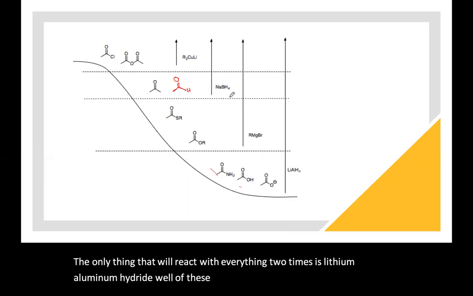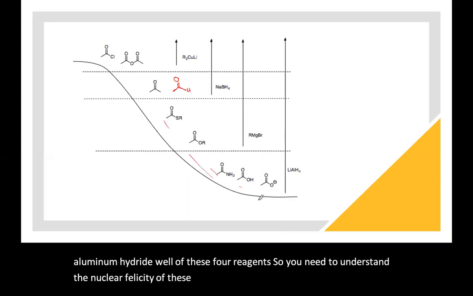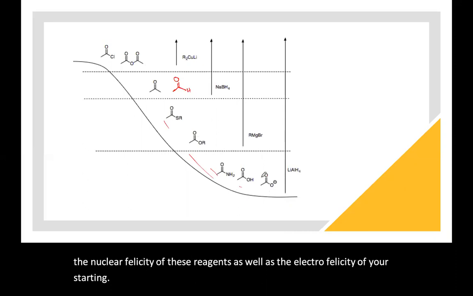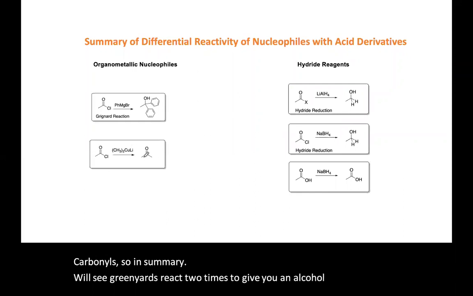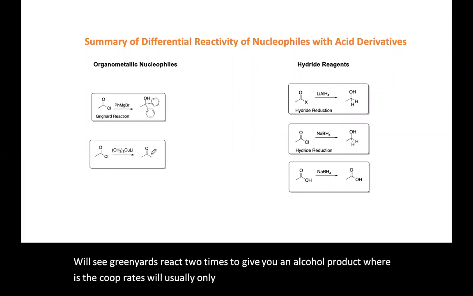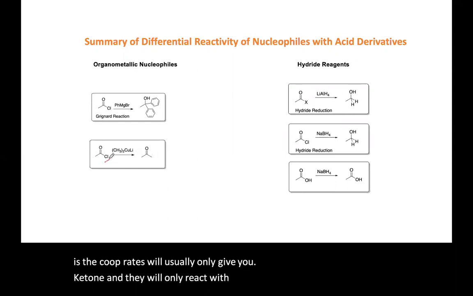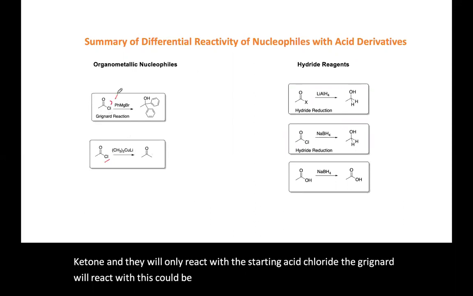So you need to understand the nucleophilicity of these reagents as well as the electrophilicity of your starting carbonyls. So in summary, we'll see Grignards react 2 times to give you an alcohol product, whereas the cuprates will usually only give you the ketone, and they will only react with the starting acid chloride. The Grignard will react with, this could be an acid chloride or the starting ester.